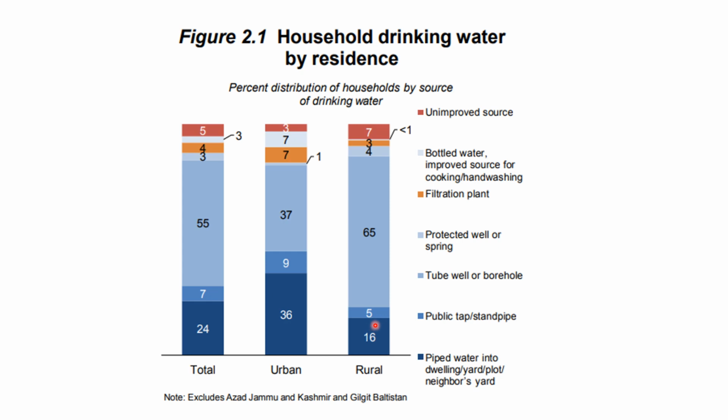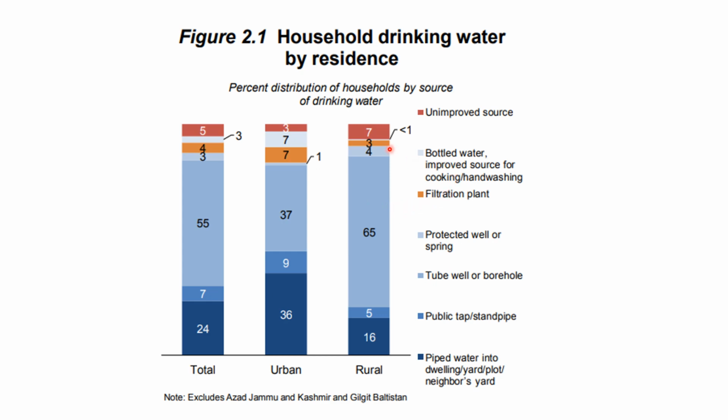And similarly, then you can go on and say that 5% have public tap and 65% have tube wells. So obviously in the rural area, more people are drawing water from the tube wells as compared to the urban area. And then filtration plant, less people have filtration plants located in the rural area as compared to 7% in the urban area.